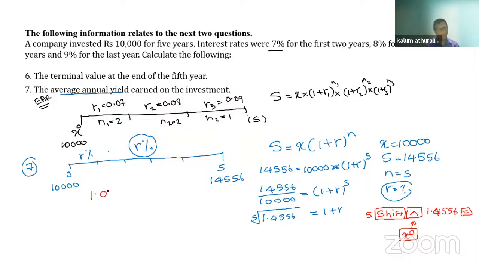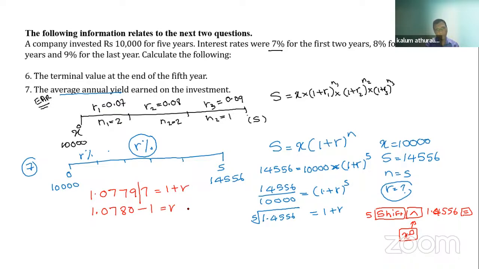Then 1.07797. If you take 4 decimals, then 1.0780, since 79 becomes 80. So this value equal 1 plus R. Then 1 goes to the other side, so this value minus 1.